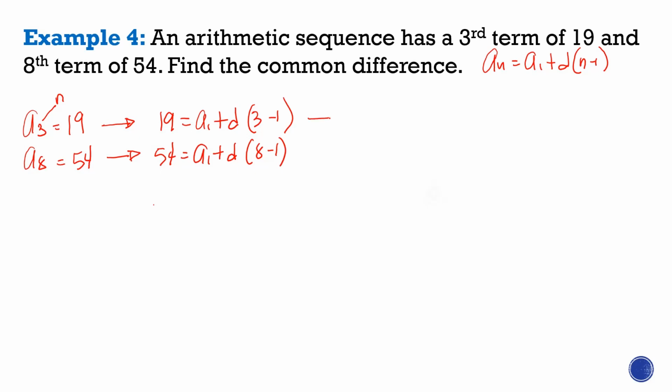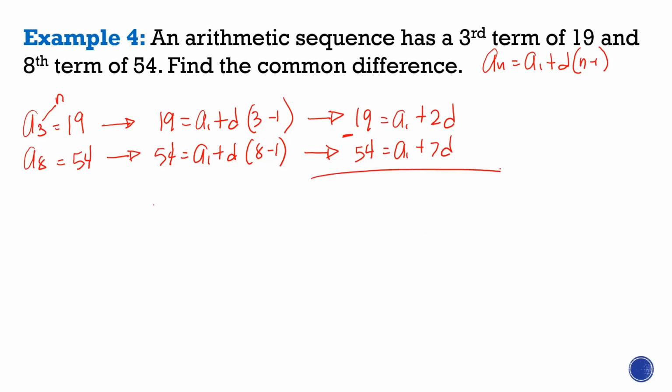Next, let's simplify this. This will be 19 equals a1 plus 2d. And then this is 54 equals a1 plus 7d. Next thing that we will do is we will subtract each term in these two equations.